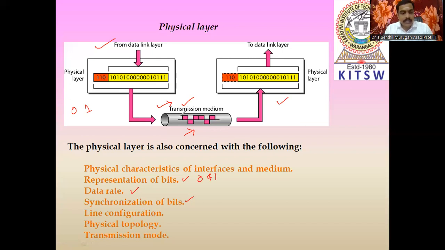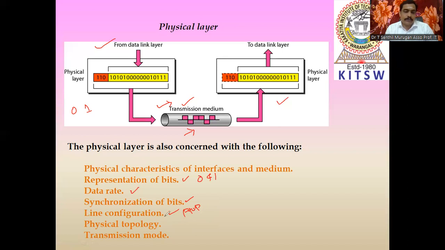That is synchronization of the bits. Next one is line configuration. What is line configuration? We already know it is a single point connection, that means a point-to-point connection, or a multi-point connection, which we discussed in the previous self-learning topics.